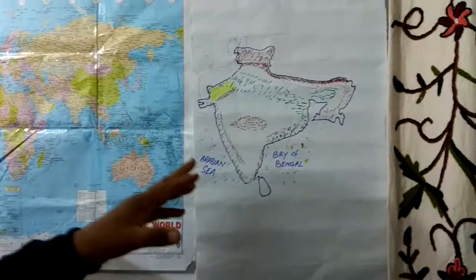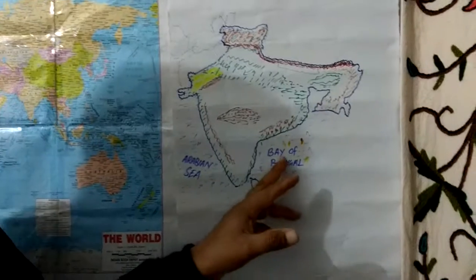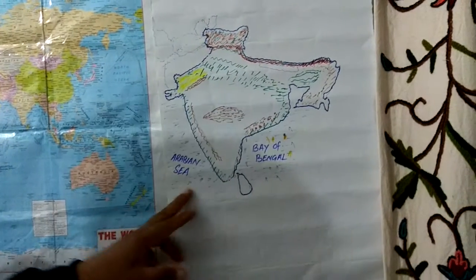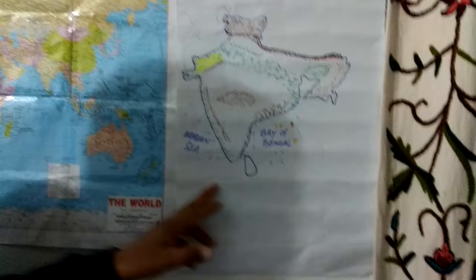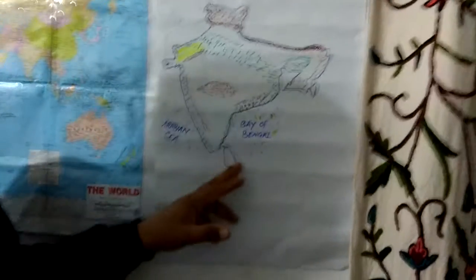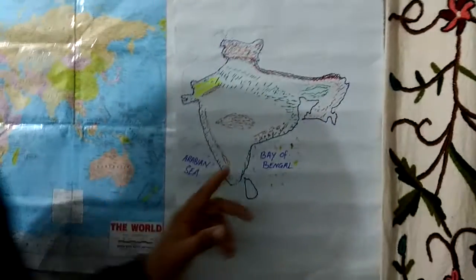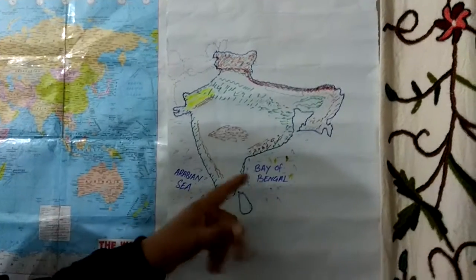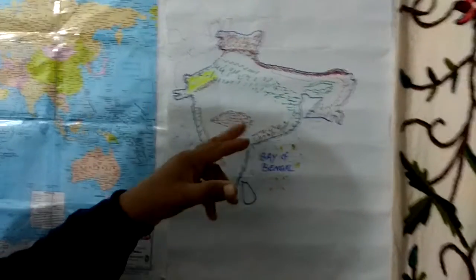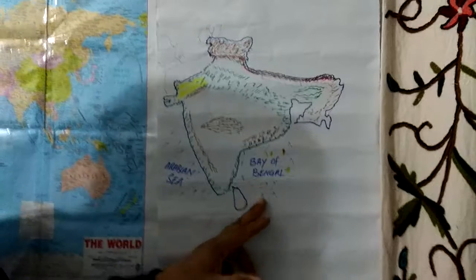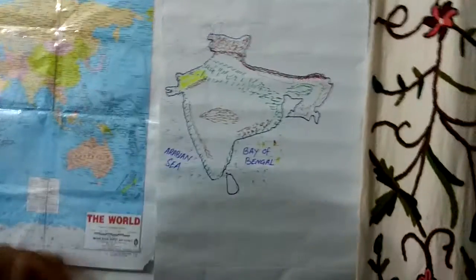Land heats up immediately, while the Bay of Bengal and Arabian Sea water bodies heat up slowly. So the action on land is different from the water bodies.